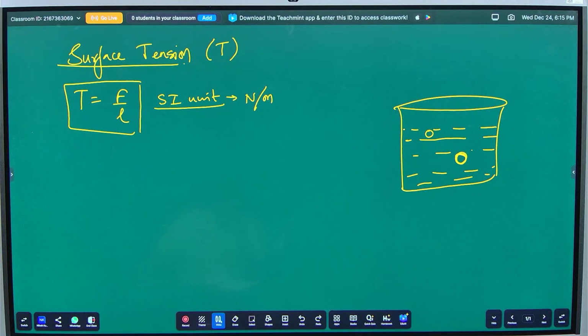You can call once again and check how many students have come. Write the names. Those who are not here, you can call.